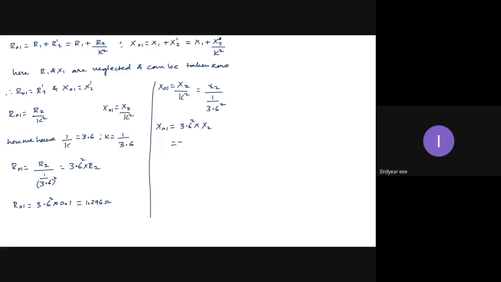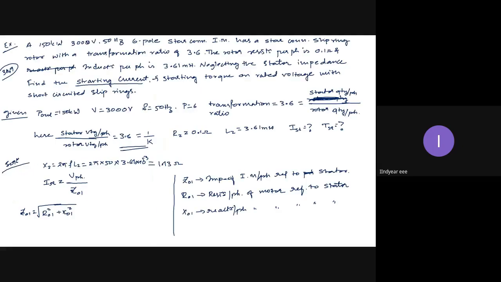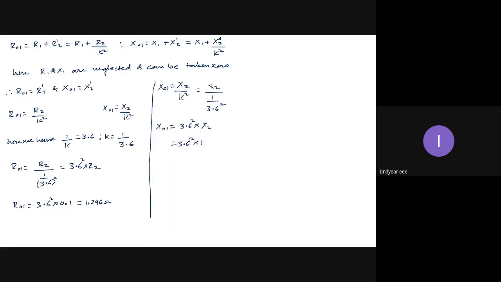That is 3.6 square into 1.13, how much? So X01 is equal to 14.64 ohms.